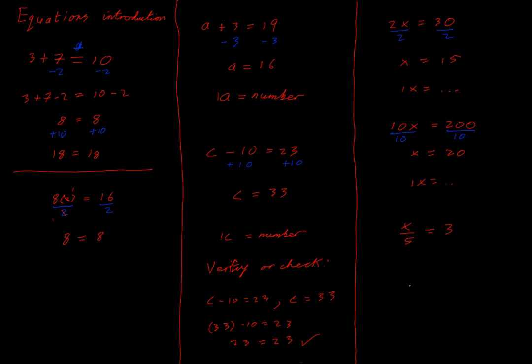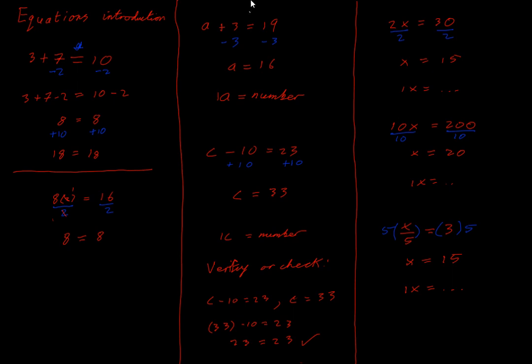So to get 1x is equal to a number, I would multiply both sides by 5. I would multiply by 5 here because 5 divided by 5 is 1. So I'll be left with my 1x on the left hand side, and then I'd multiply by 5 on the right hand side, and that is going to give me 15.